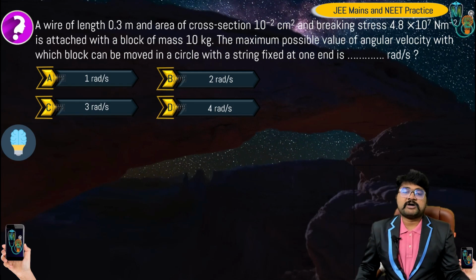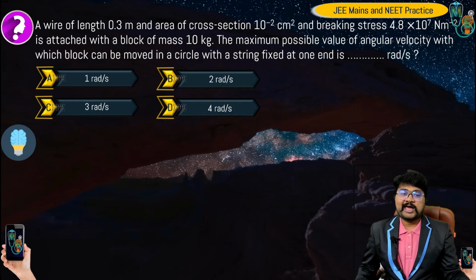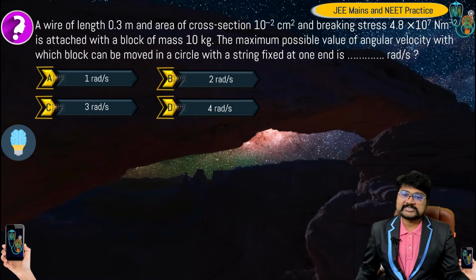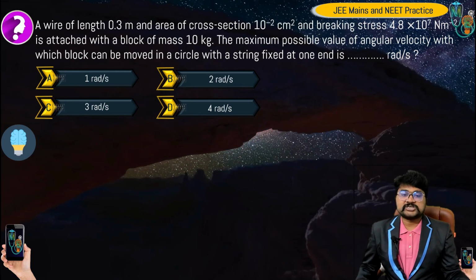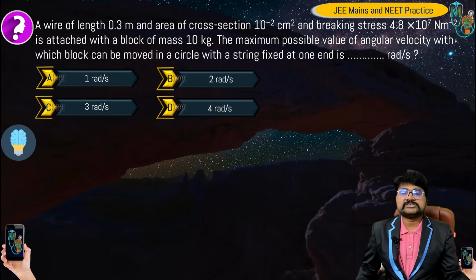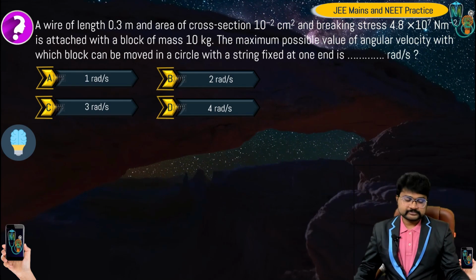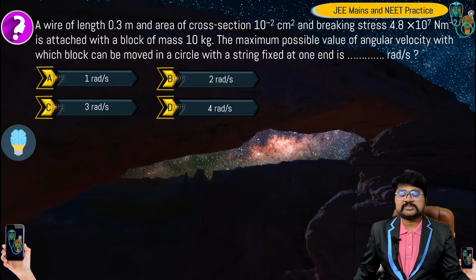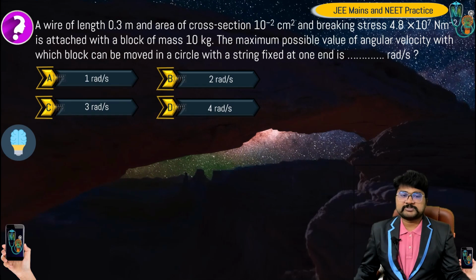If the maximum possible value of angular velocity with which block can move in a circle with a string fixed at one end is dash radians per second. Option A, 1 radians per second, 2 radians per second, 3 radians per second and 4 radians per second.